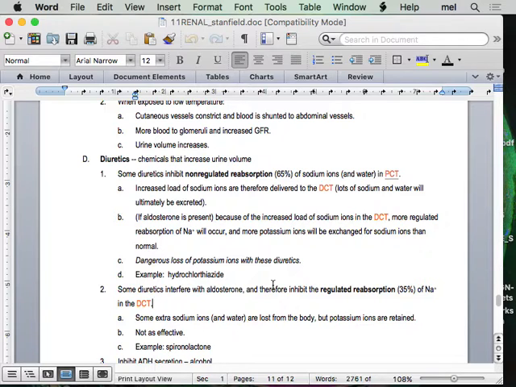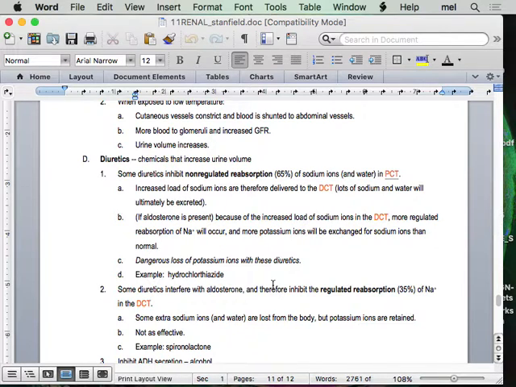When you deliver all of that sodium to the distal convoluted tubule, it's going to try its best to reabsorb as much as it can because you didn't do any of the 65%. It's going to try to do the whole 35%. And when it does that, you're going to be really effective at the diuretic effect because you're going to lose a lot of sodium, a lot of water, right? But then you're going to try to reabsorb all of it here at the expense of our friends H+ and potassium.